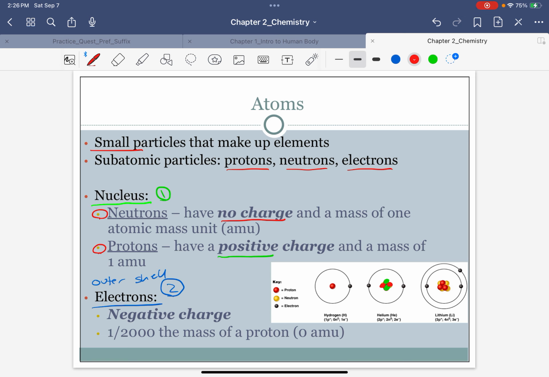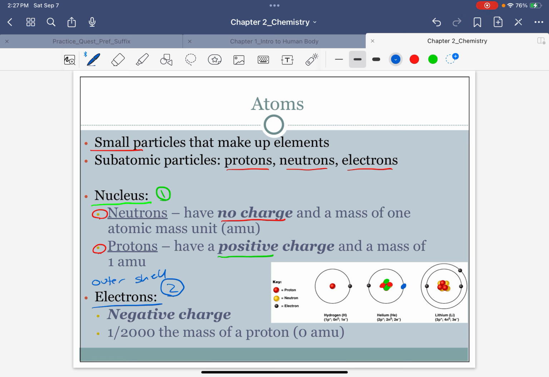These colors together look like Christmas, the red and the green. They're neutral, as the name suggests, right? Proton, pro, p, positive. So in the nucleus, we have protons and neutrons. Then, in the outer electron shells, we have these black circles.